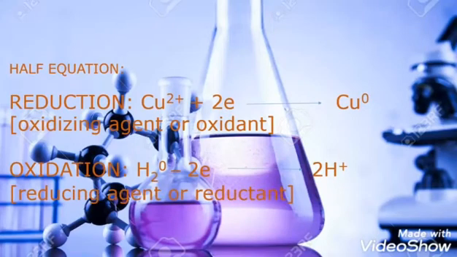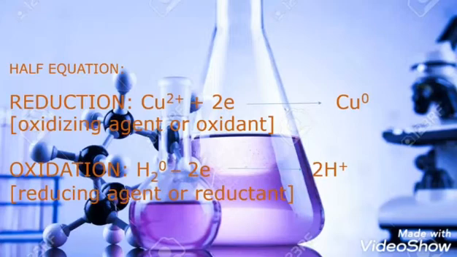On the other hand, the half equation for the oxidation reaction would be hydrogen gas, neutral, and then minus 2 electrons to give you 2 hydrogen positive. So since you are losing electron, therefore the symbol would be minus.